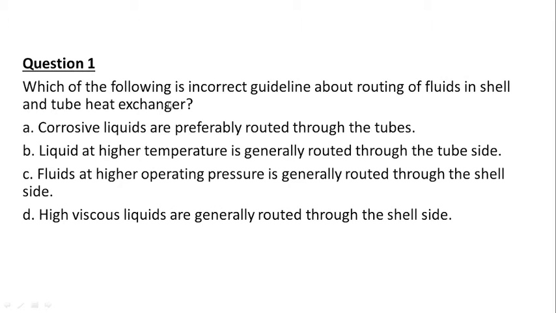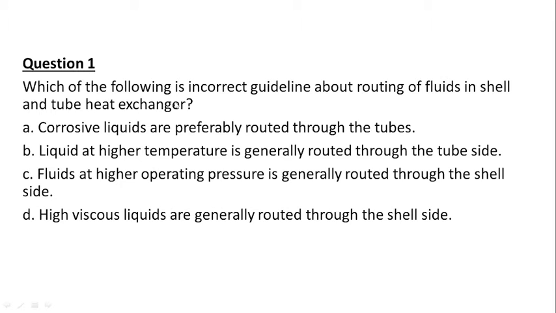Which of the following is incorrect guidelines about routing of fluids in shell and tube heat exchanger? First one, corrosive liquids are preferably routed through tubes. Second, liquid at high temperature is generally routed through the tube side.